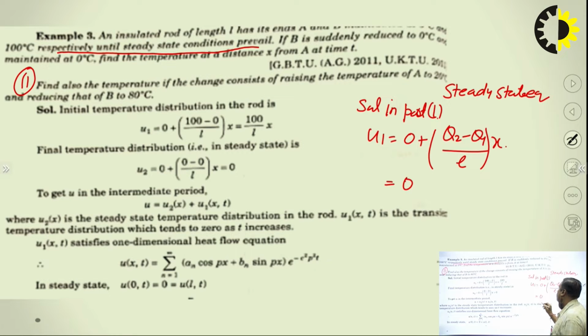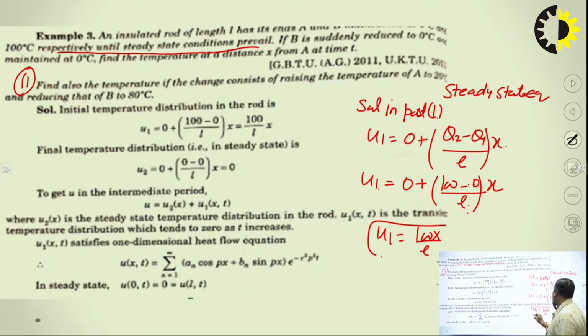Here theta 2 is 100 degree centigrade, theta 1 is 0 degree centigrade, L is the length, and x is the point where we are measuring. That means U1 is equal to 100x upon L. Here x is the point where we have to study the steady state condition.